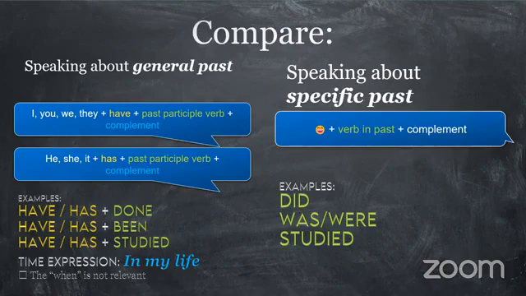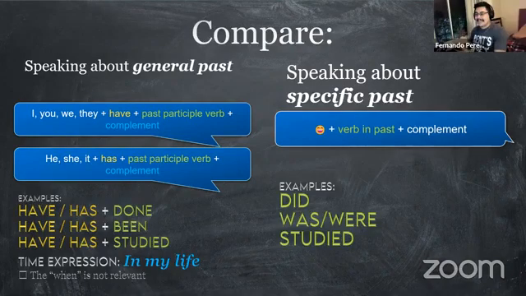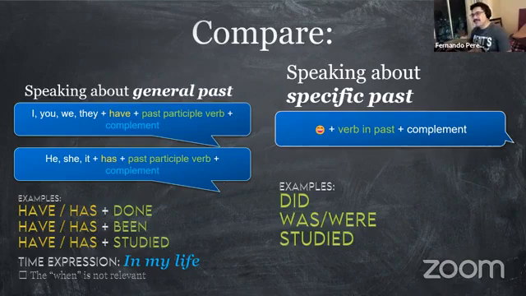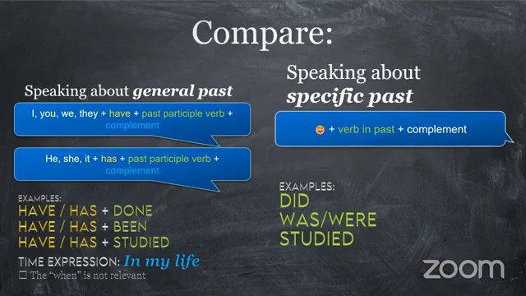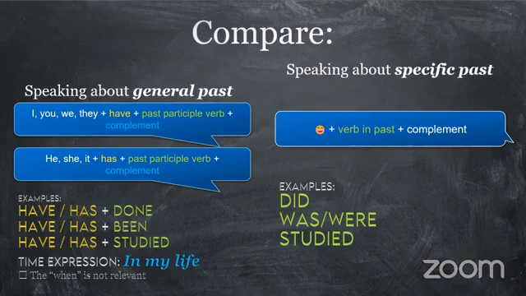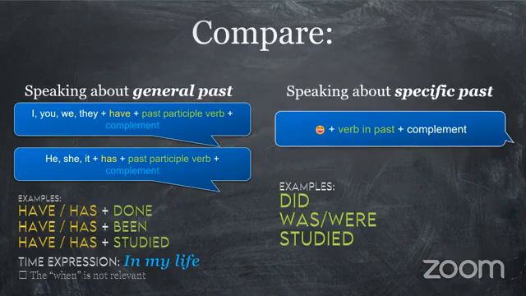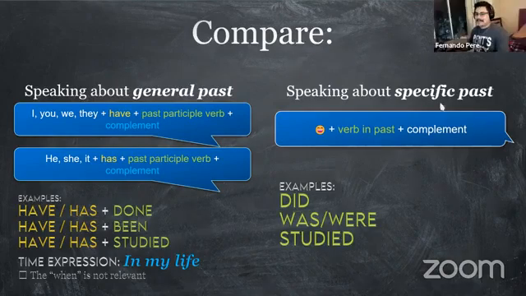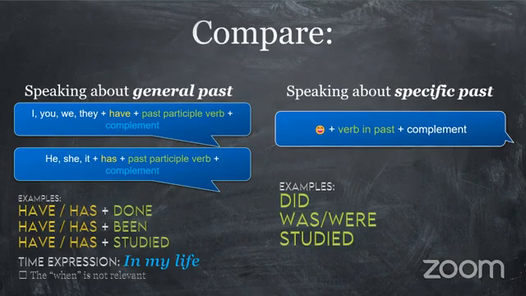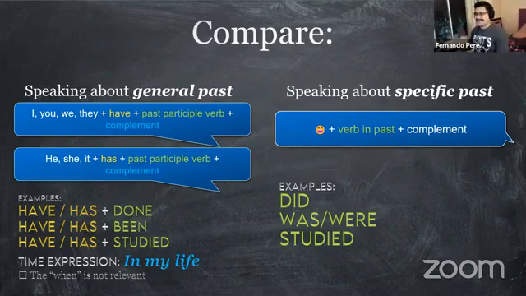A specific past. Where did you study the career, the university? I have studied... specific past. Okay. I studied my career in the School of Polytechnic. Exactly. This is a specific past.